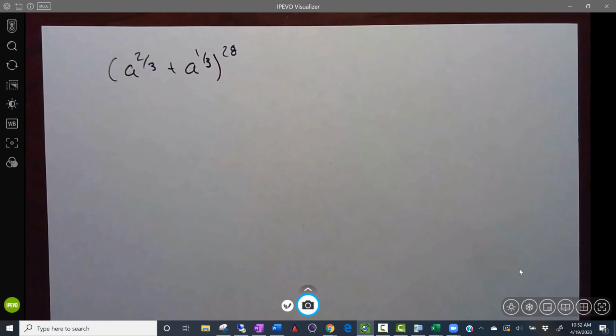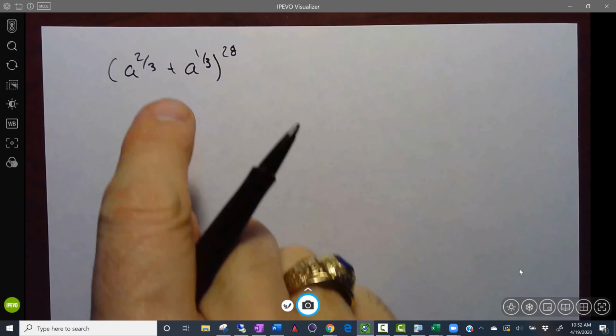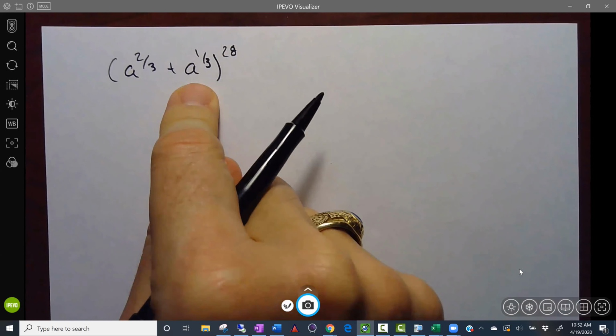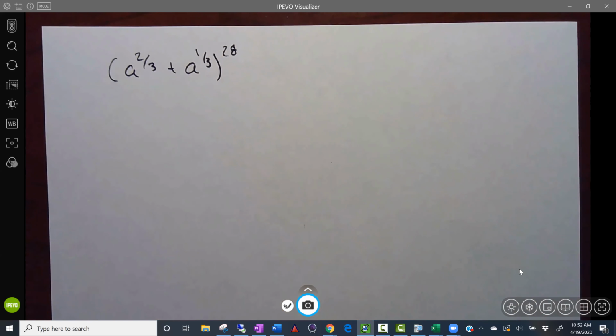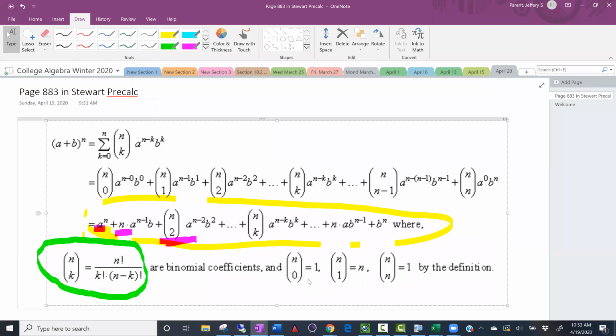Well, for this particular one, they just want the last two of these terms. Now, there's good news with the last two terms. We don't need Pascal's triangle. We don't need to plot out the binomial theorem because we kind of know the general form of what's going on with the last two here. So the last two, I'm going to end up with b to the n and a times b to the n minus 1 with a coefficient of n.